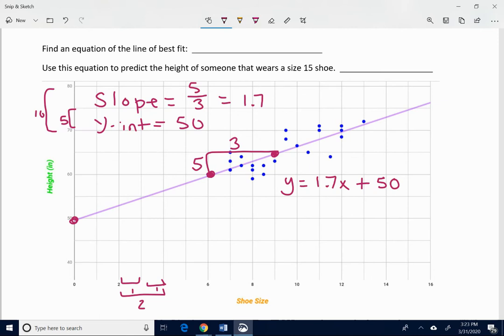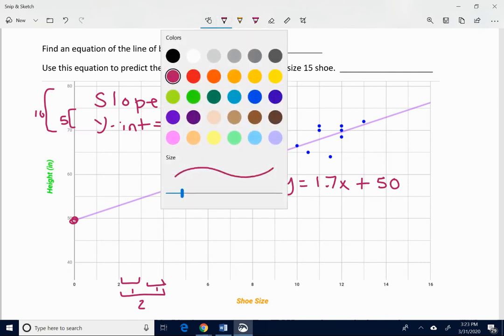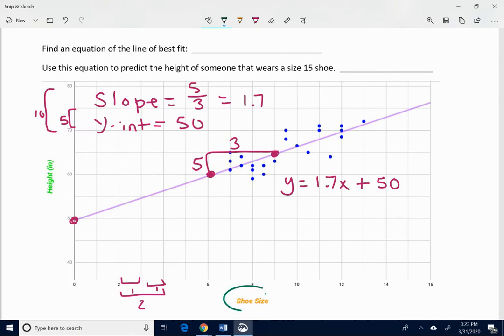Before we do the prediction, I want you to think about this. We're still getting a little confused on this. Notice the shoe size is on the x-axis, so that's x. The shoe size is represented by x. The y-axis is labeled height, inches.